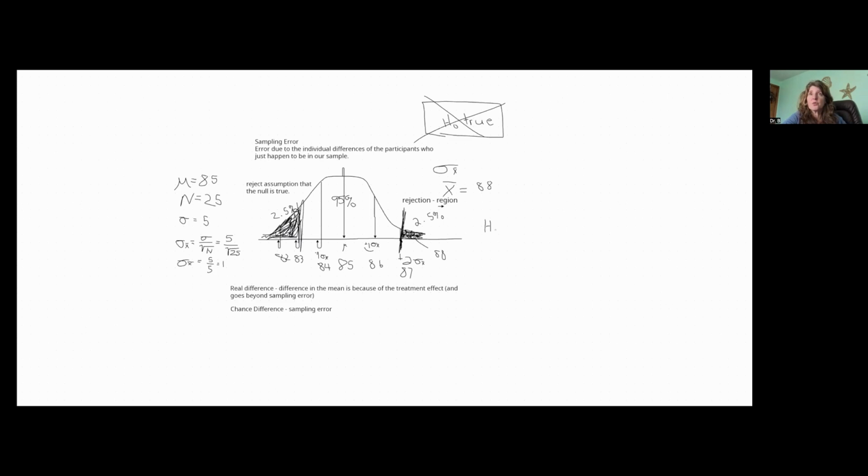That means we're going to accept the alternative hypothesis. So we reject the null. We say it's not true. And then we accept the alternative. In this case, that the means are different.